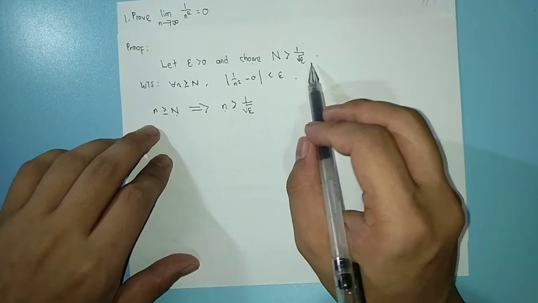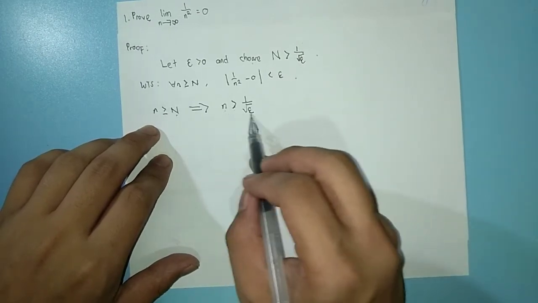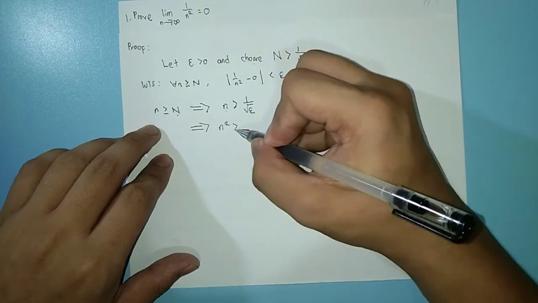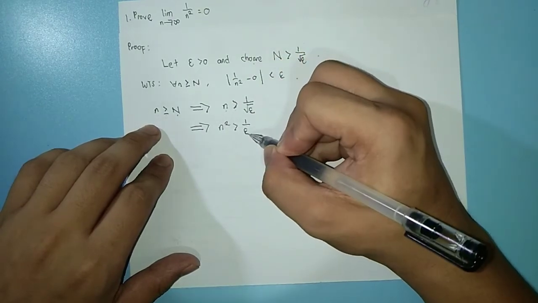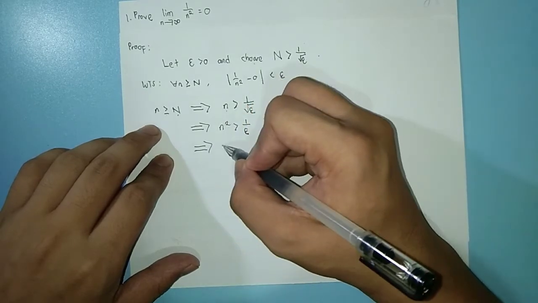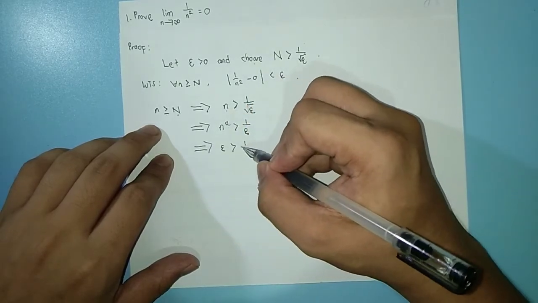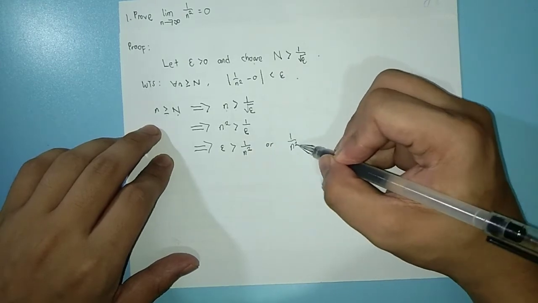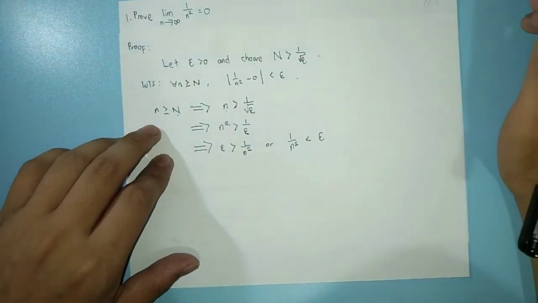Okay? Then, kung i-square natin both sides to, magiging ano siya? n squared greater than 1 over epsilon. Then pagpalitin natin, magiging ano siya, epsilon greater than 1 over n squared. Or 1 over n squared less than epsilon.